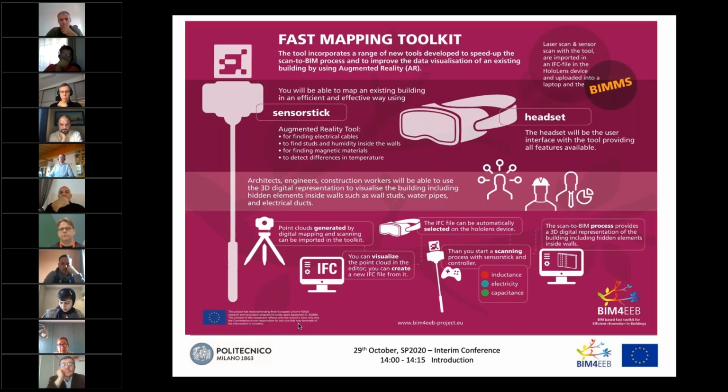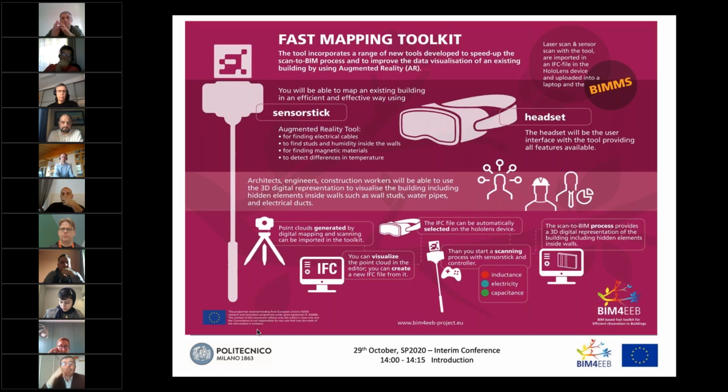The next one is the fast mapping toolkit, which incorporates a range of new tools to speed up the scan to BIM process. We are not looking deep inside this, but we have to say that it works with data visualization of the existing buildings using augmented reality.